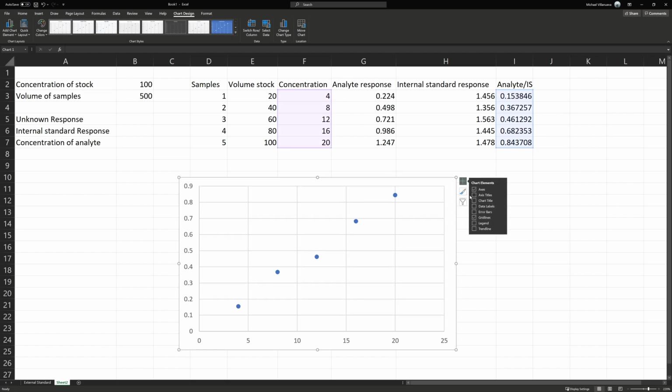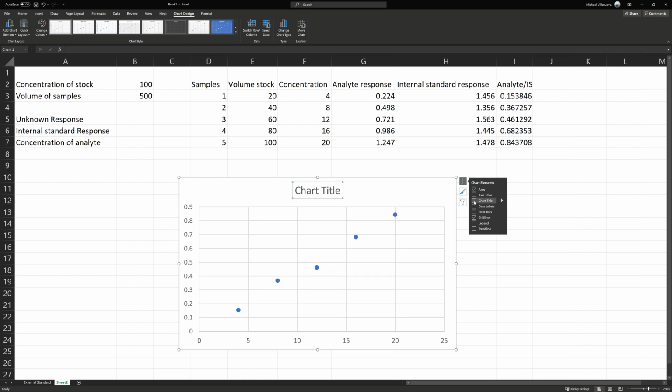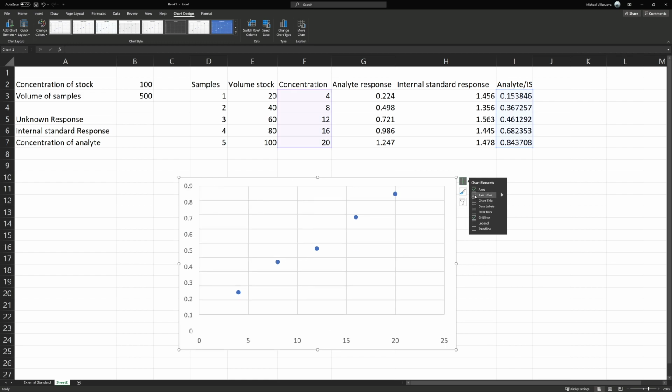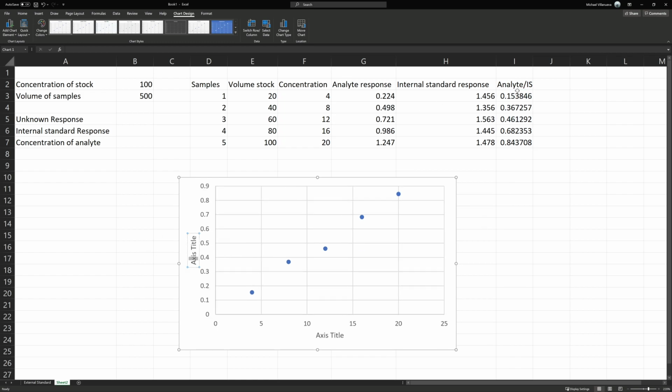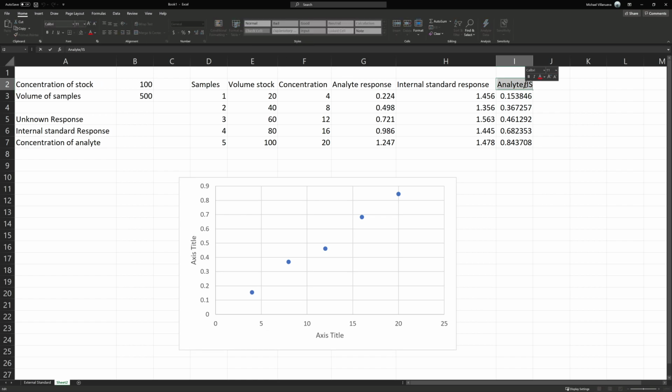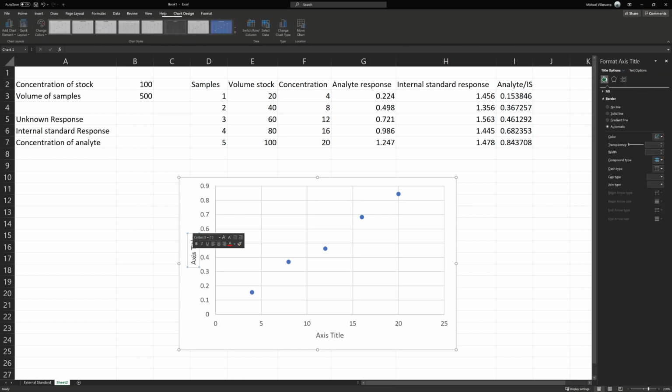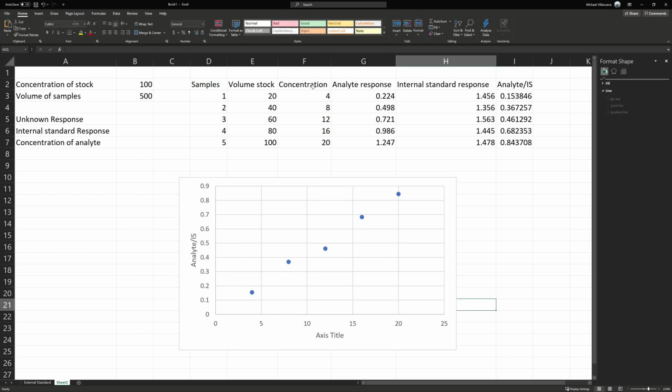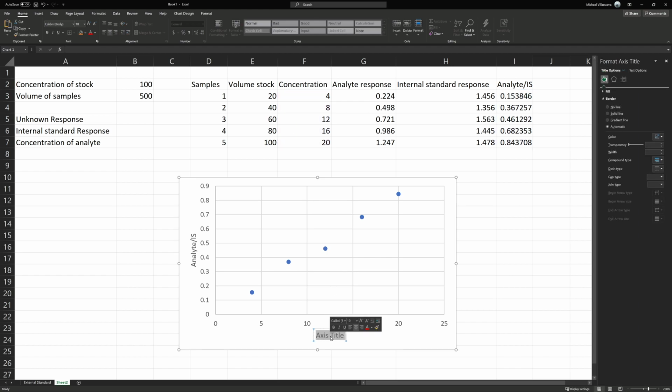Let's add some titles here. Let's call this analyte over IS. And let's call this concentration.